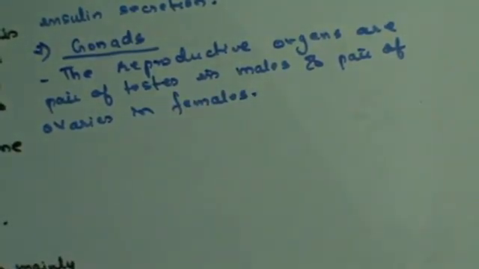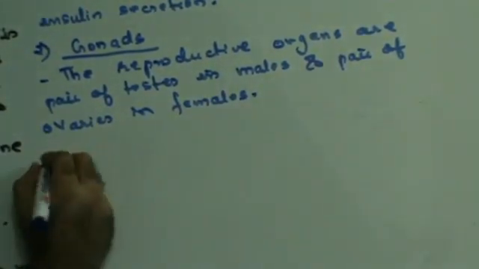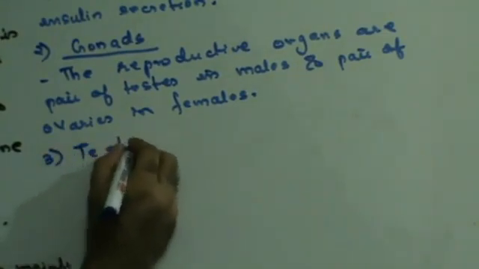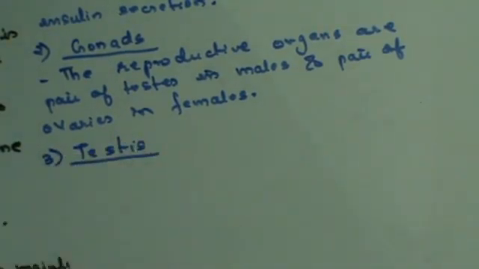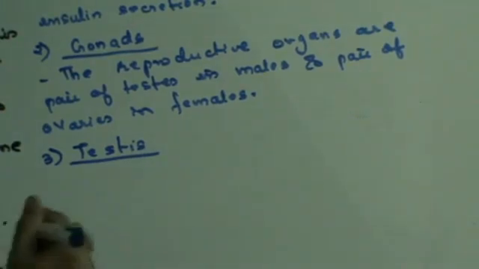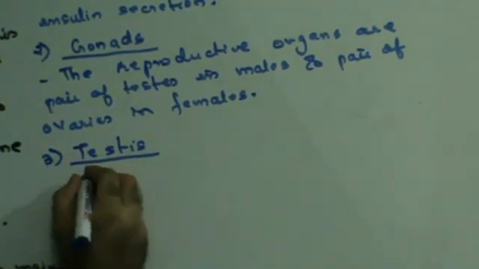Now let's see each one of them. First, let us see the testes. The pair of testes are present in a specific sac outside the abdomen in male individuals. The male reproductive organ is not inside, but it is external to the body.